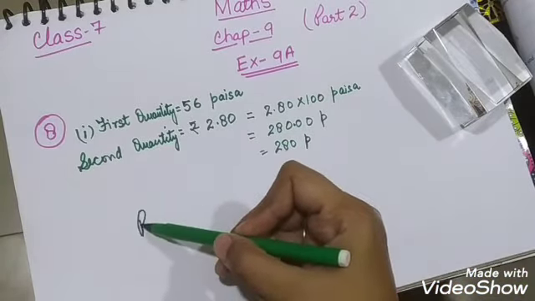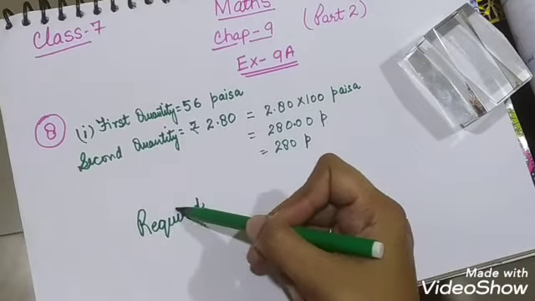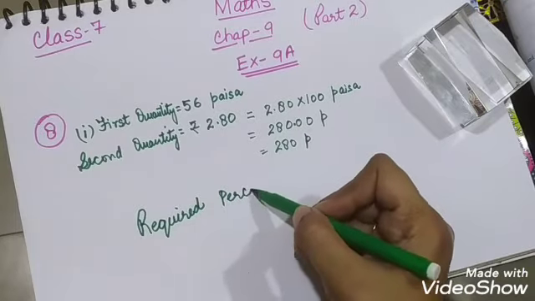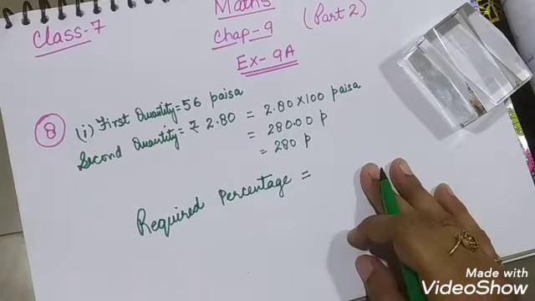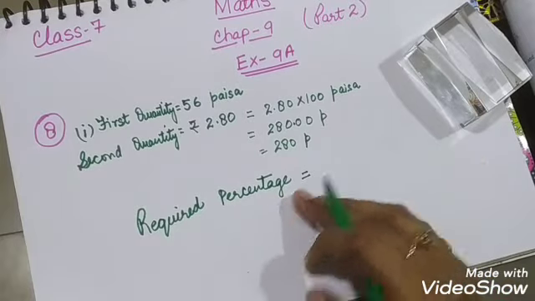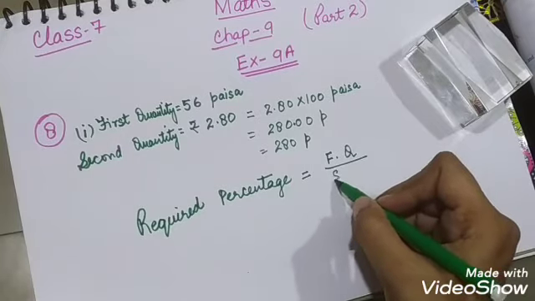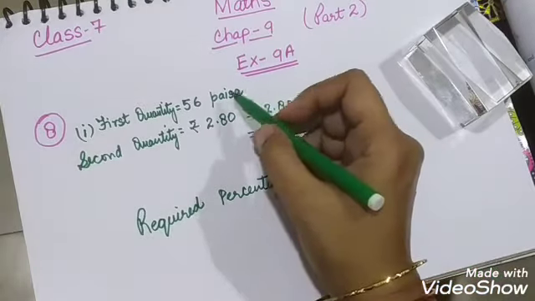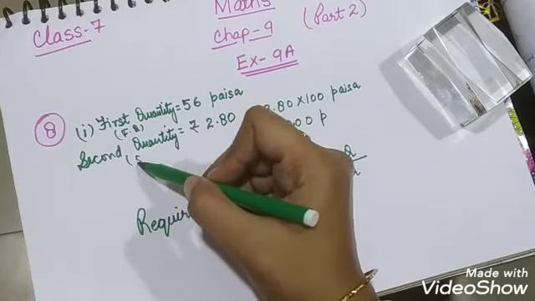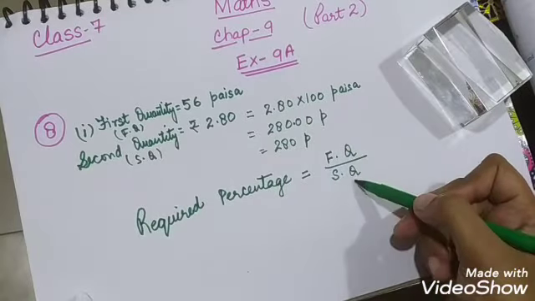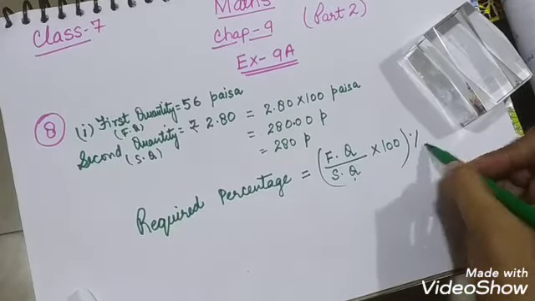So we will write required percentage. We will apply a formula for it. Required percentage is equal to first quantity upon second quantity into 100 percent. FQ means first quantity and SQ means second quantity.